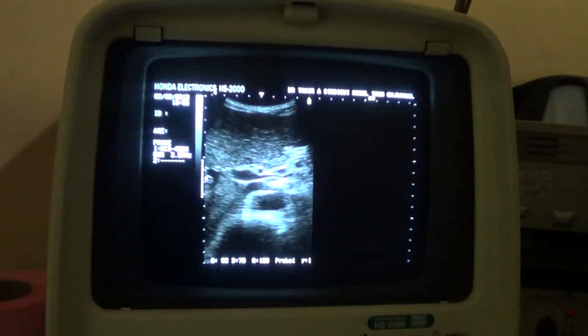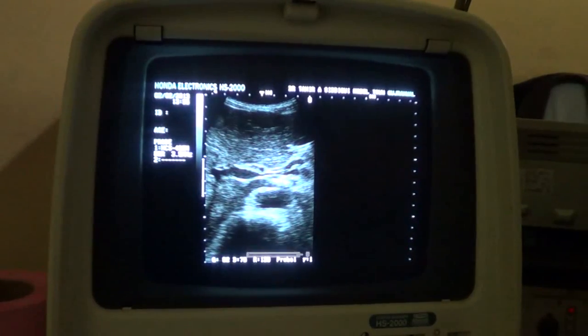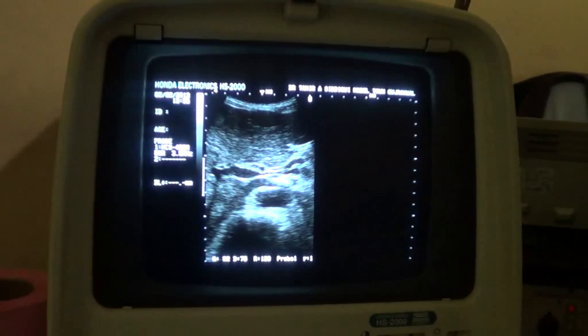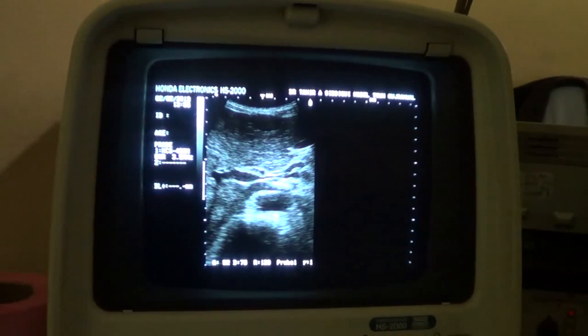Now here we see this is the hepatic artery, portal vein, IVC, and this is the aorta.